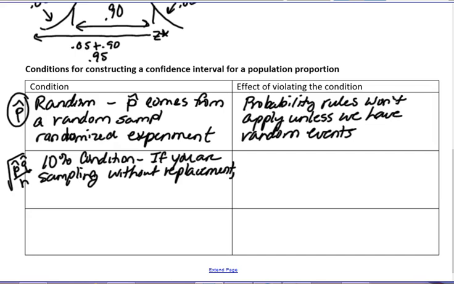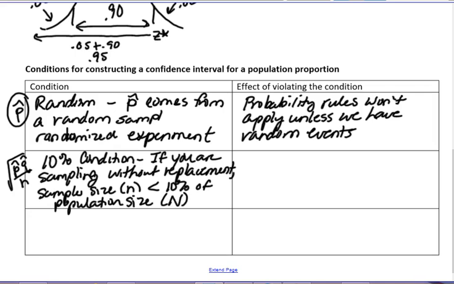If you're sampling without replacement, the sample size n has to be less than 10% of the population size, which we symbolize with a big N. If this is violated, the standard error is not accurate because it's based on that condition.